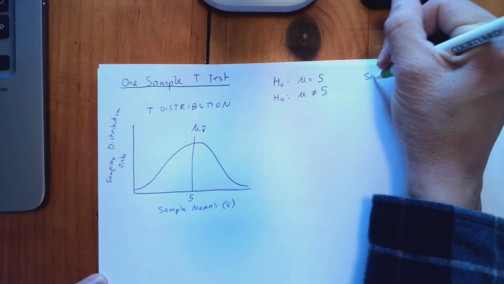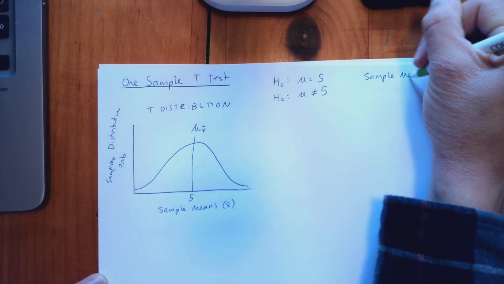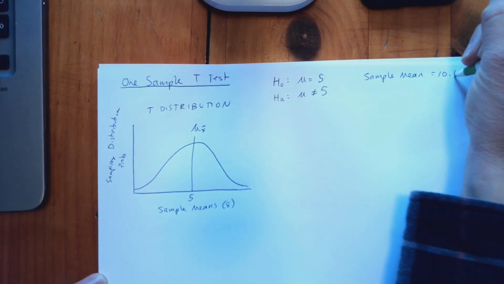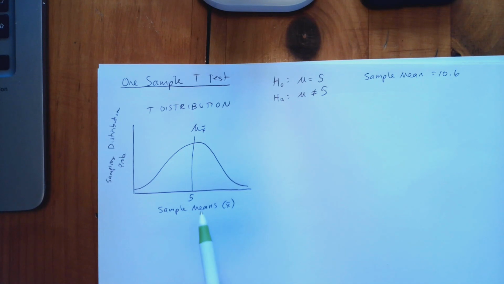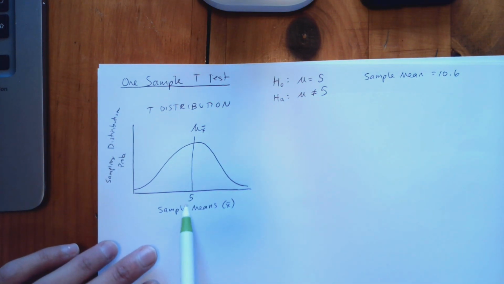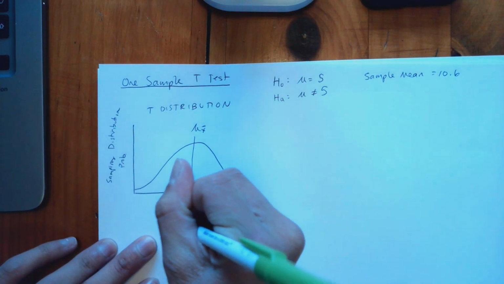And what we're going to be trying to do is figure out whether it's likely that we got a sample mean of 10.6 from a distribution that looks like this. In other words, this is the distribution if the true sentence length in the population is really 5 years. So these are our sentence lengths.